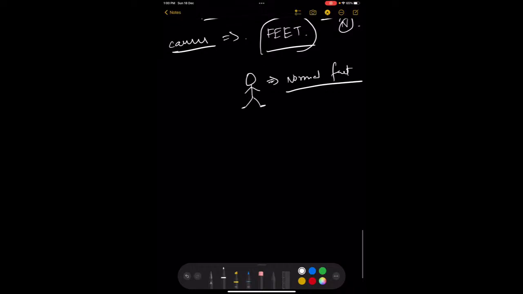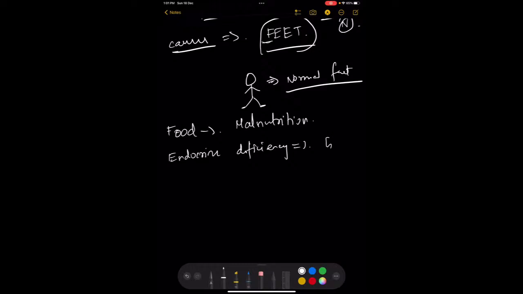What is the mnemonic of FEET? First one is F, food. Just due to improper food, that is malnutrition. Next is E, endocrine deficiencies like growth hormone deficiency.